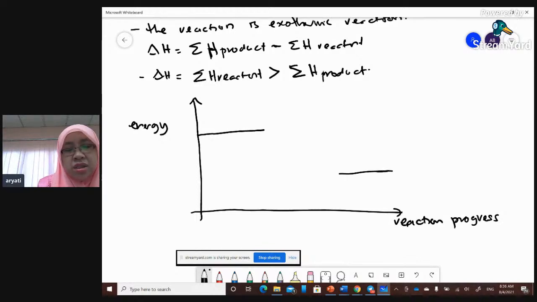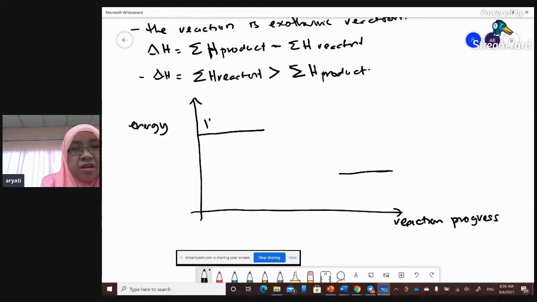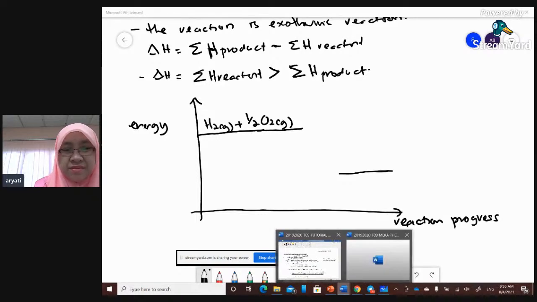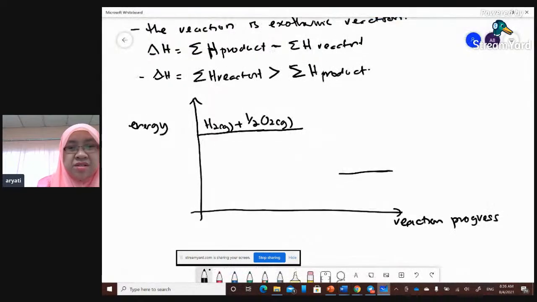So your reactant is H2 gas plus half oxygen gas, producing H2O liquid.